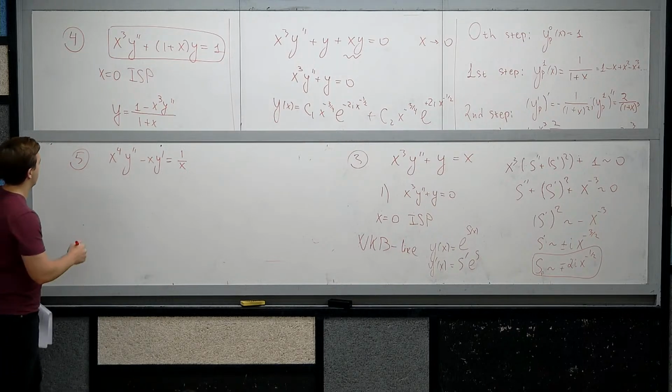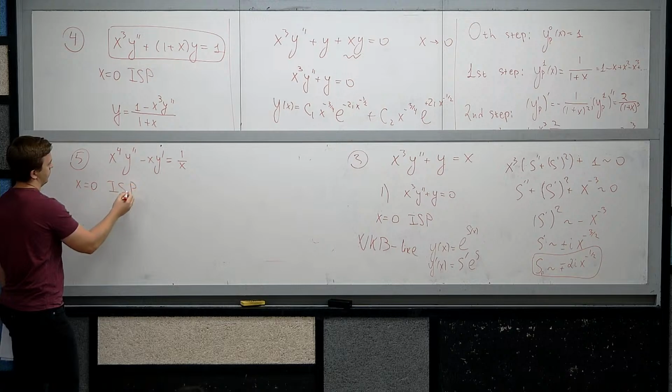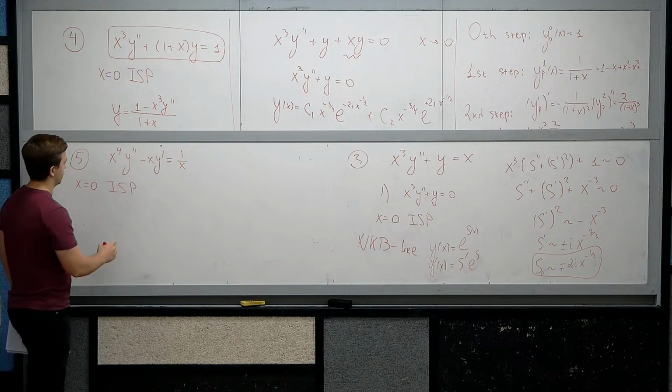Again, x equals 0 is an irregular singular point. And firstly, let's solve the homogeneous equation.